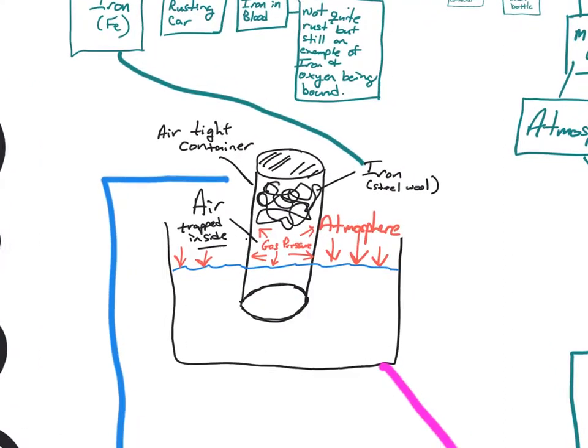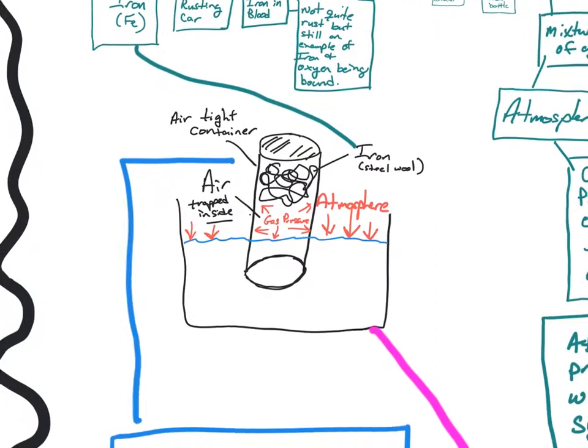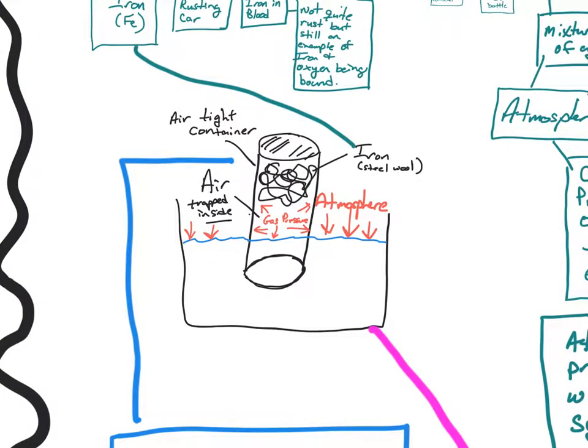So here you have your airtight container, just like we discussed. There's iron or steel wool. The air is trapped inside this container, creating pressure. It's pushing down on the water and the glass. The glass is stiff, it's a solid, so it's not going to move, but the liquid water can be pushed down, or if there's less pressure pushing down, could be pushed up.